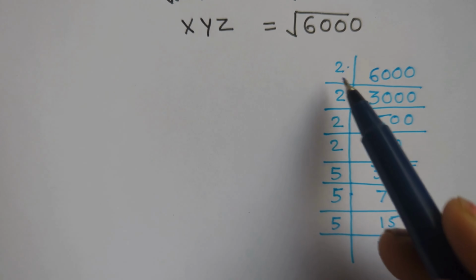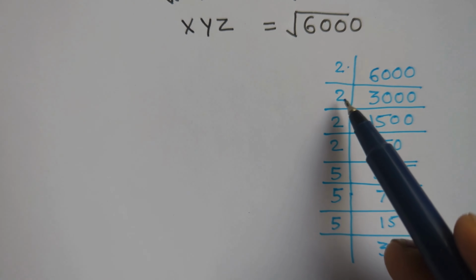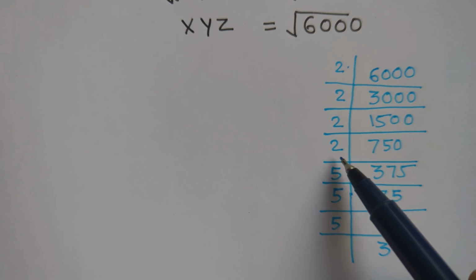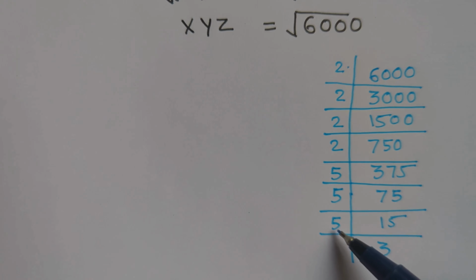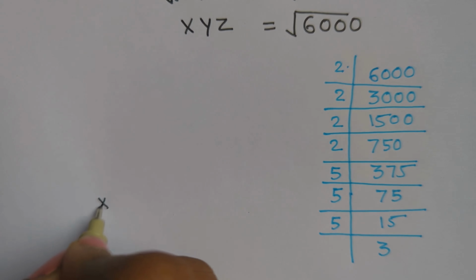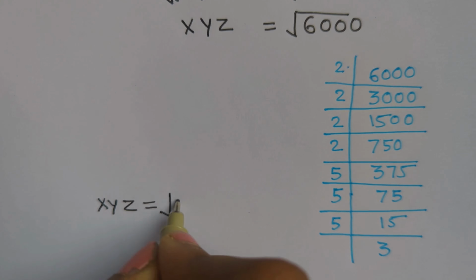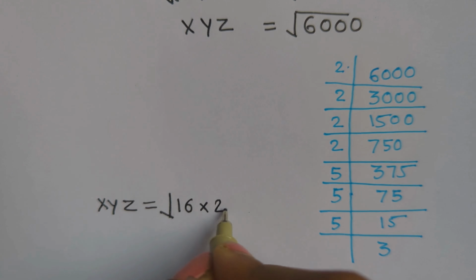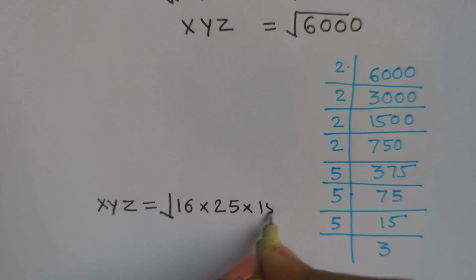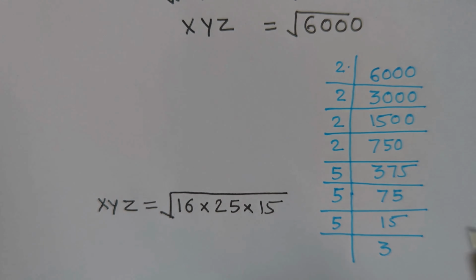The multiplication of this: 2 times 2 is 4, this is 16, this is 25 and this is 15. xyz should be the square root of 16 into 25 into 15.